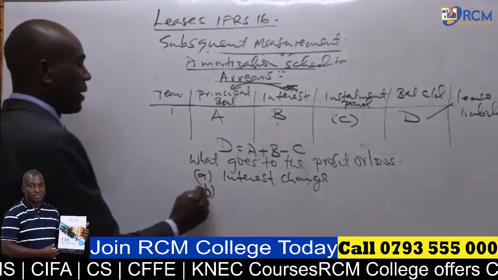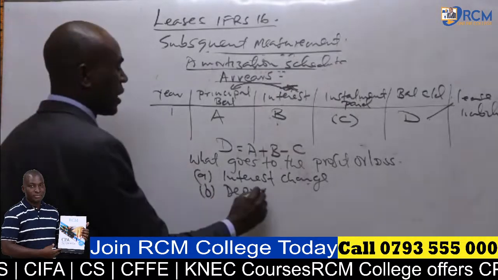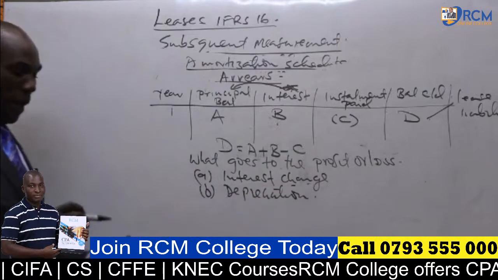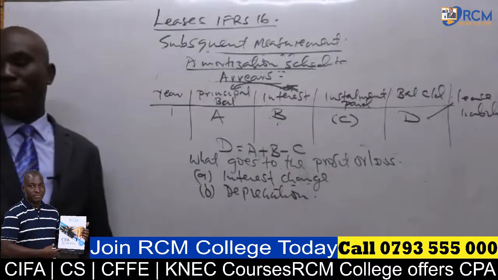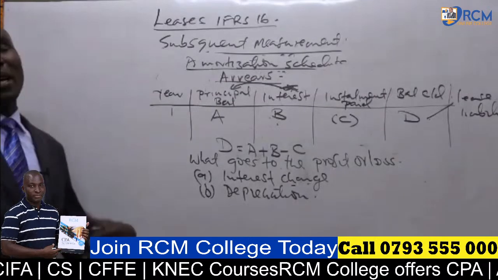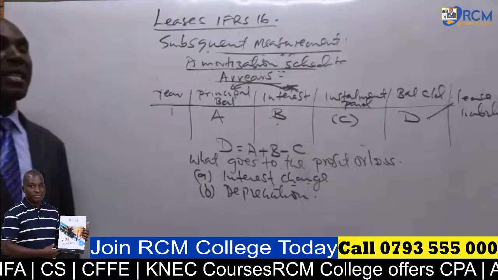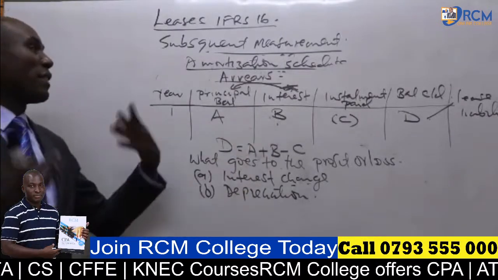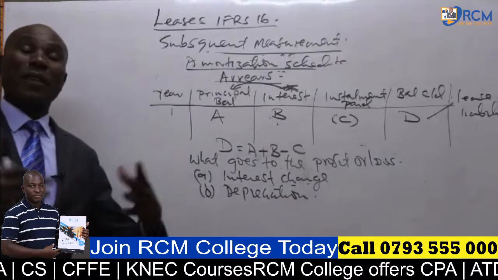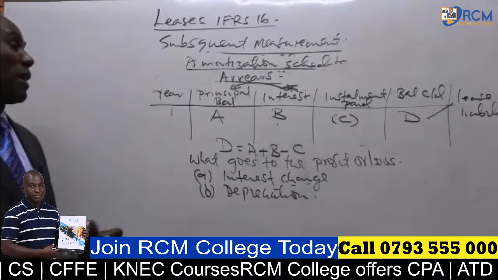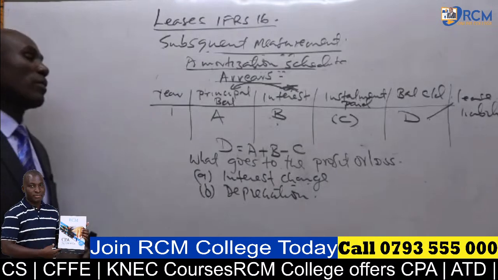Then number B, depreciation. What goes to profit or loss as a lease cost is the interest, then we have depreciation, because we said the right of use will be depreciated.